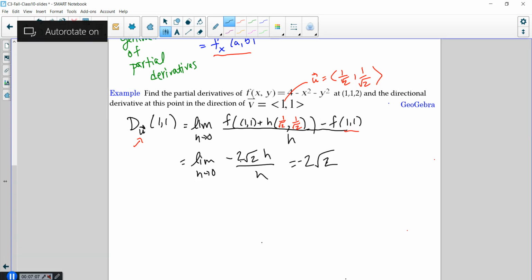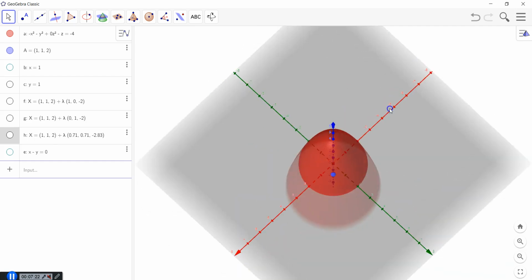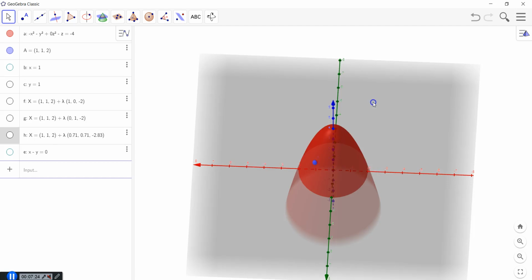Okay, so there is a GeoGebra file that you can access in our Google Drive folder, and if you open that up, you get to visualize the surface, and there is our point A, right smack dab in the middle there, and you can rotate it as normal. Okay.